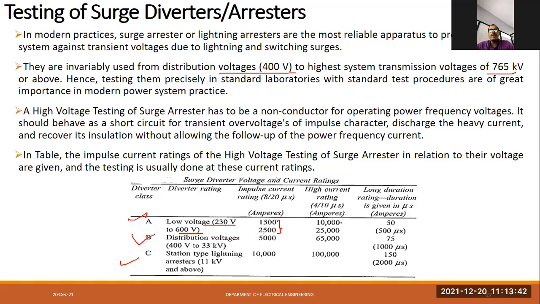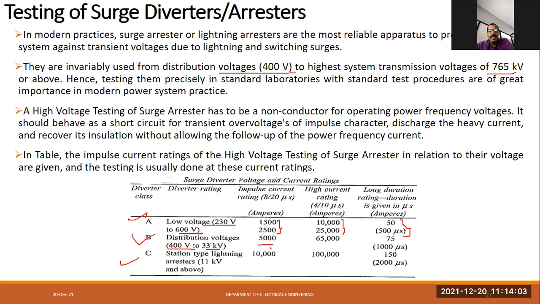Then the high current rating is around 5 to 6 times the impulse current rating, that is 10,000 or 25,000 amperes. The long duration may be around 50 to 500 microseconds, right? So that is for low voltage. What about the distribution voltages, 400 volt to 33 kV?